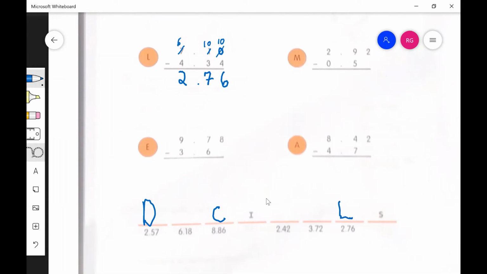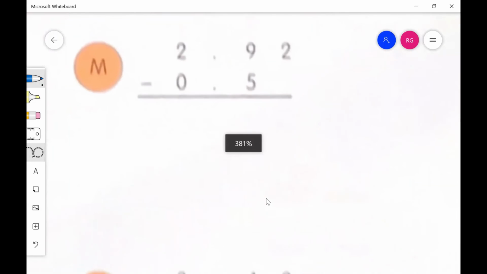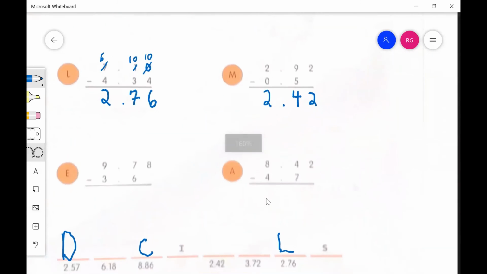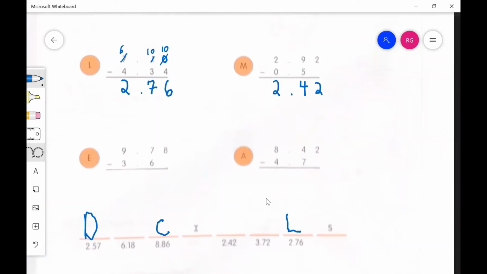All right. Now for M, we could put a 0 or just carry the 2 straight down. Either way is fine, okay? And here I could say this is 4, and the answer is 2.42. Let's put the M here, okay?